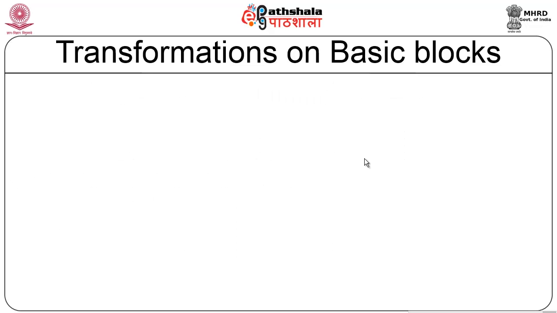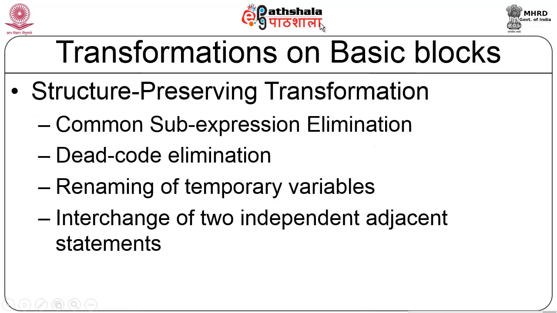The first one is structure preserving transformation, where we will have 4 types. One is common sub-expression elimination, second is dead code elimination, third is renaming of temporary variables, and fourth is interchanging of 2 independent adjacent statements. This is what we do in the case of choice of evaluation order, which we have already seen. That we will see with respect to blocks.